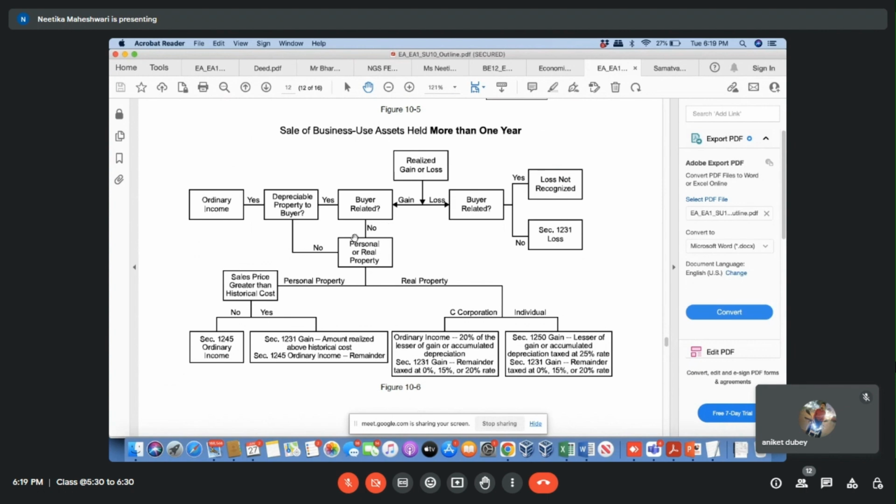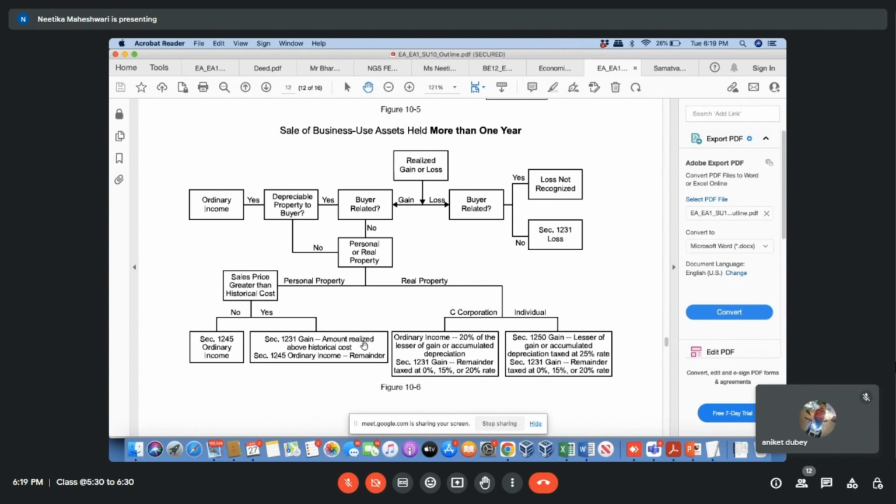If no, we'll have to see whether it's personal or real property. Personal property will go under Section 1245. Real property will go under Section 1250 here. For an individual, or Section 1231 gain, we have to see what the gain is here, 25%, but 1231 gain will come up at a lower rate. For a C corporation, it doesn't matter. Everything will come up at the standard rate.